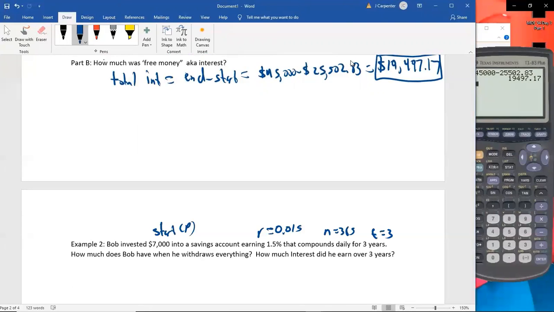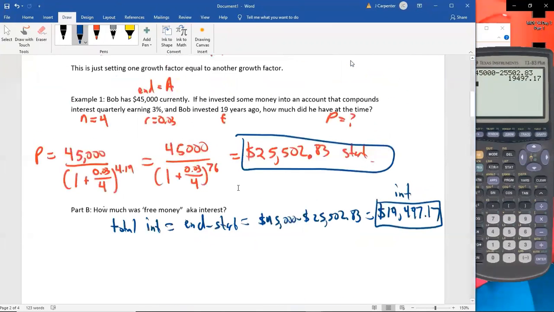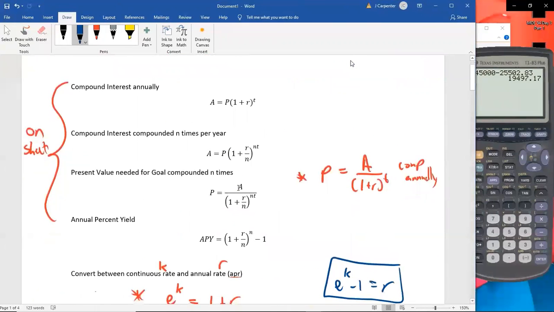So our starting value is 7 grand, our interest rate, our compounding interval per year, and our time are all laid out. If we have P, R, N, and T, going back to our formulas, well, we have an N that isn't 1, so this formula is out. We're not trying to convert a monthly or daily or quarterly or semi-annual rate to an annual rate.